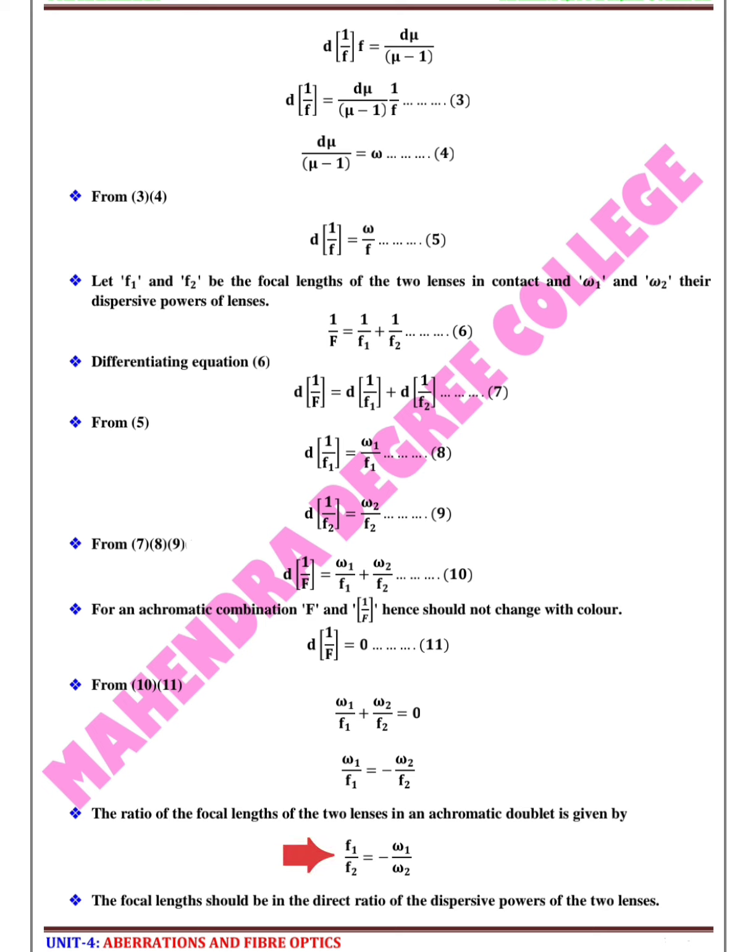So we get f1 by f2 equals minus omega 1 by omega 2.